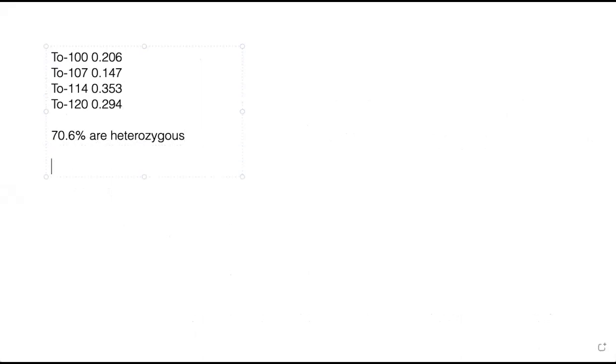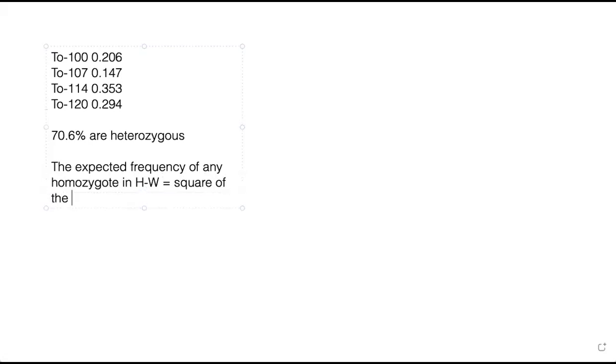Well, remember that the expected frequency of any homozygote in Hardy-Weinberg equilibrium is equal to the square of that homozygote's allele frequency.